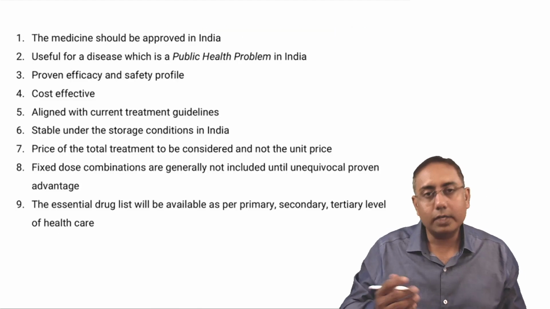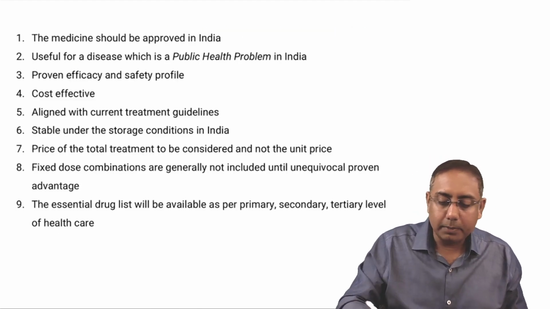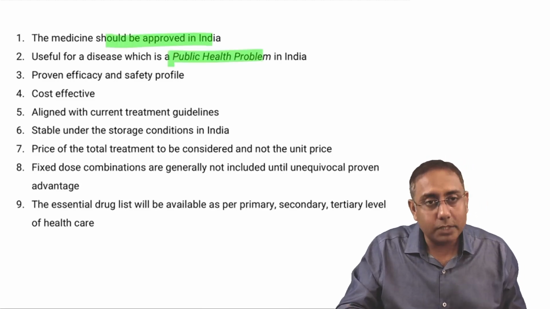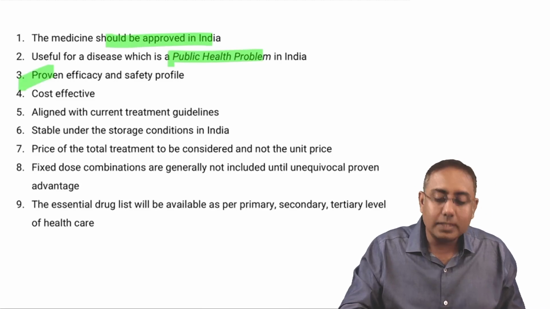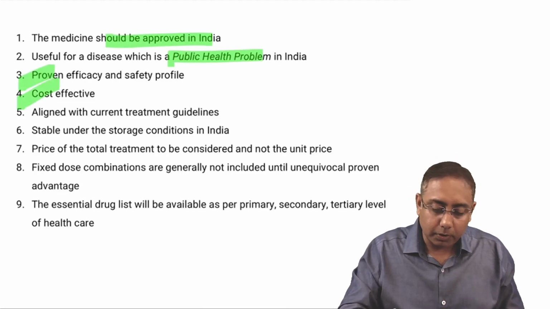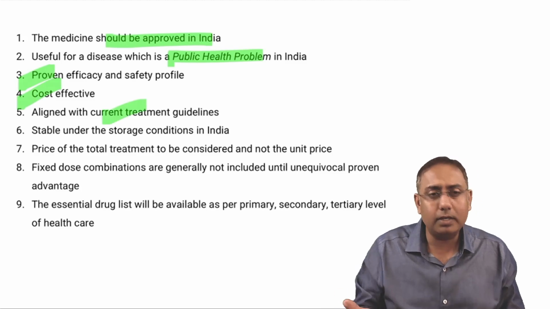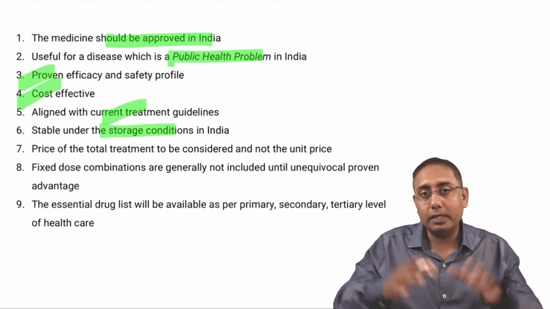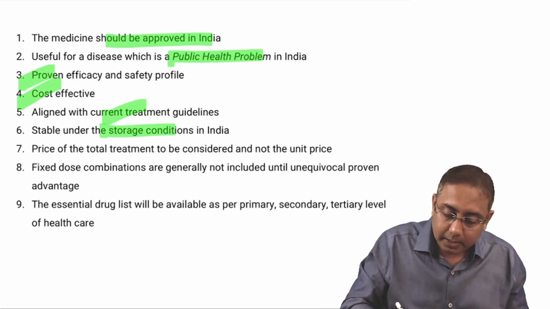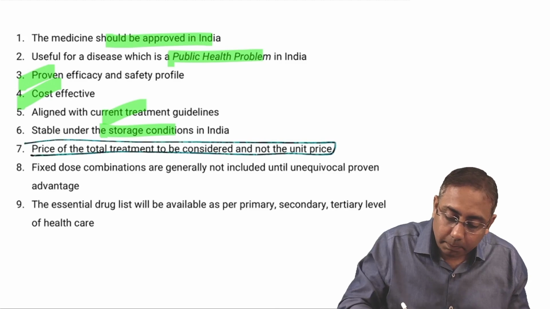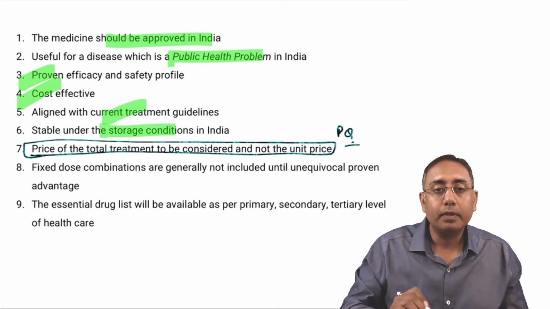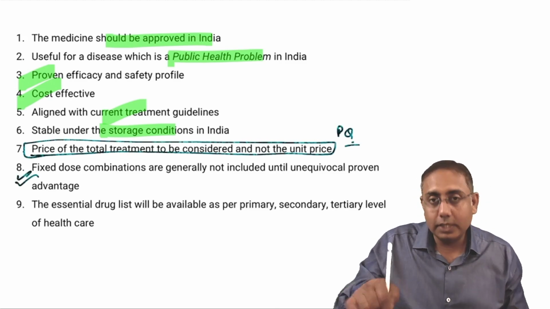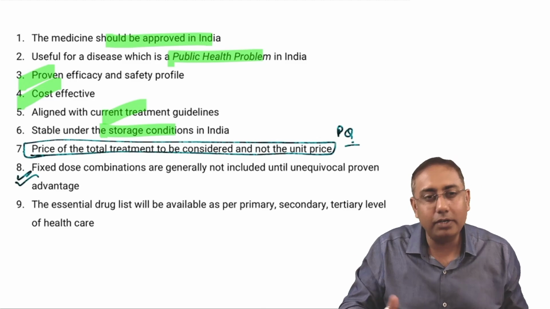So the criteria for essential drugs are that the medicine should be approved in India, useful for a disease which is a PHP in India, public health problem, proven safety, proven efficacy, cost effective, aligned with the current treatment guidelines, stable under storage conditions. The price of the total treatment is considered, not the unit price. This is an important point, and this could be your prospective MCQ also. And this was this year's MCQ, that the fixed dose combination is generally not included.